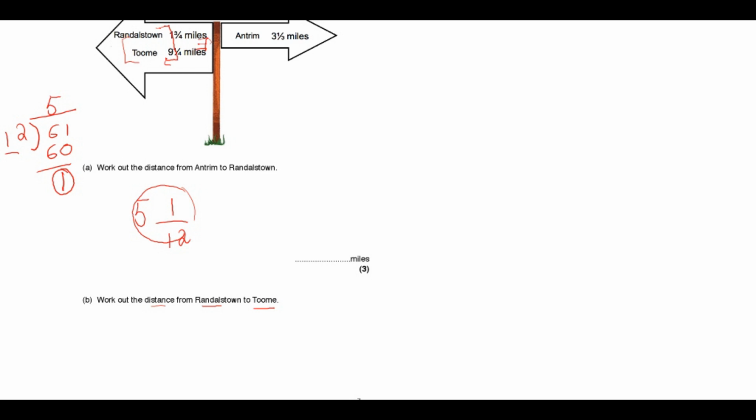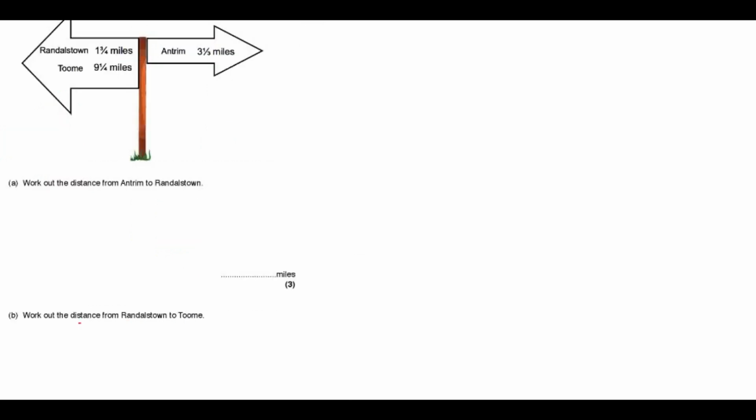Okay, only this distance you need to cover. In the second part, he's asking for the distance from Randallstown to Toome. So now look into this, that Randallstown and Toome are at the same place. Okay, so what we need to do is find only this distance.